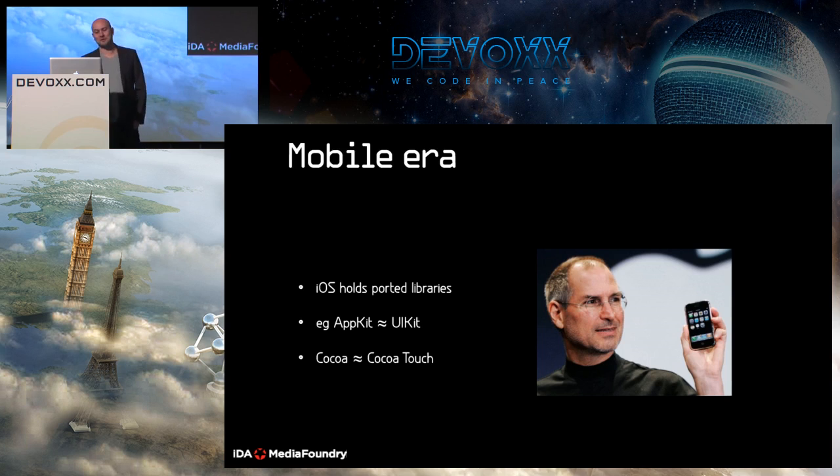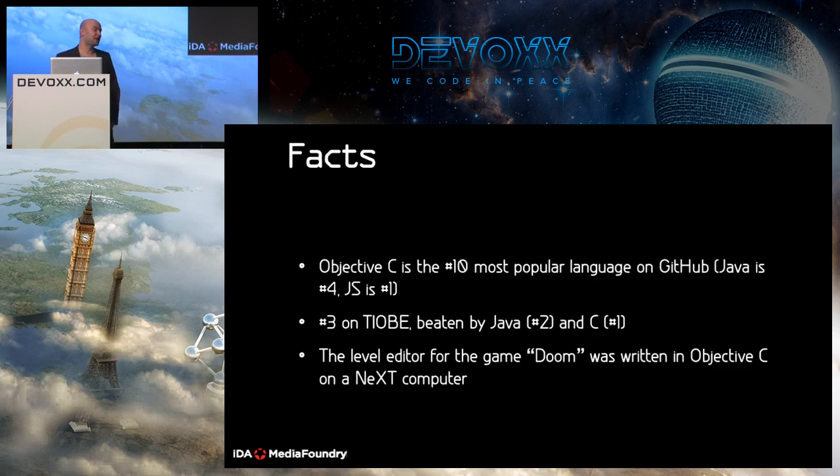Even if we love Android, we must still give credit to Apple for introducing a well-thought-out platform. They already had a lot, so the only thing they needed to do, which is a lot of work obviously, was port AppKit to UIKit and Cocoa to Cocoa Touch. And in came the mobile revolution, right?